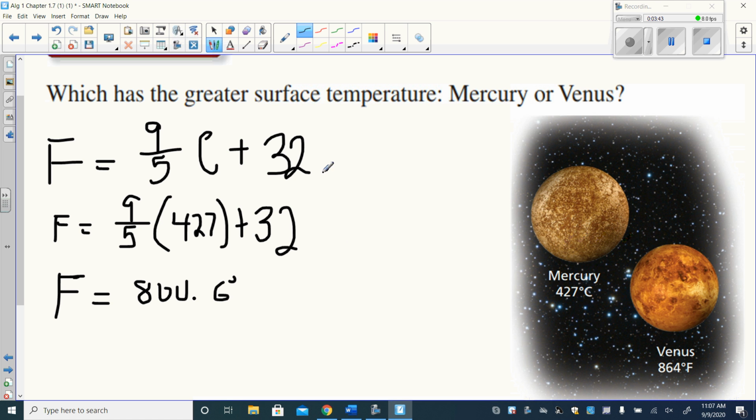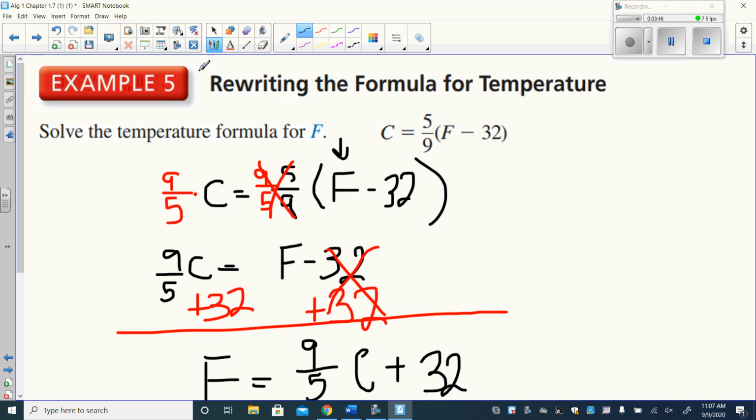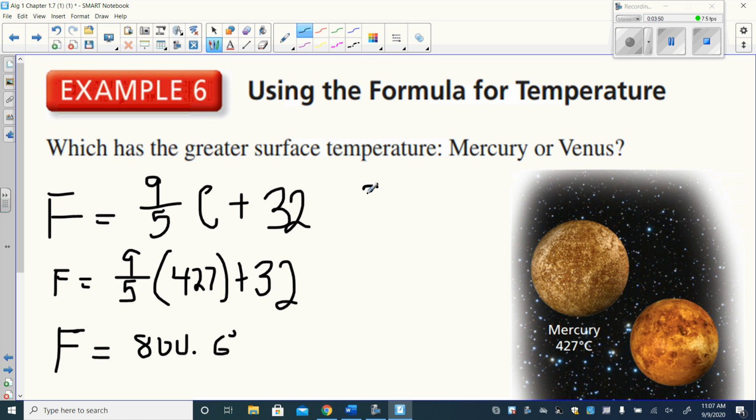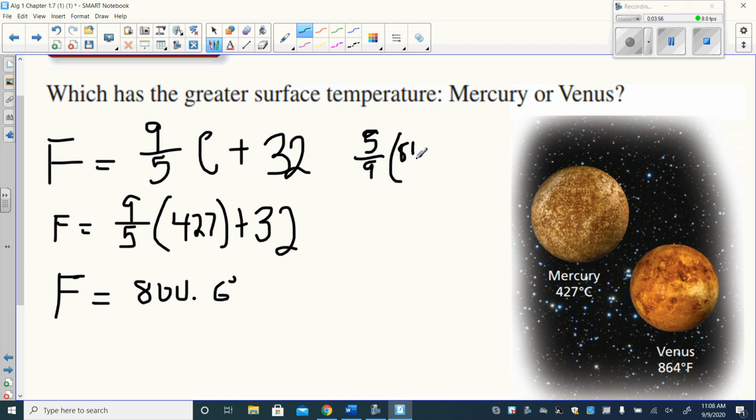Now we could have used the other formula, 5/9 times Fahrenheit minus 32. So 5/9 times, our Fahrenheit for the other one was 864 minus 32. And again, if we want to solve it this way, we can plug it into the calculator. So type in 5/9, parentheses, 634 minus 32.